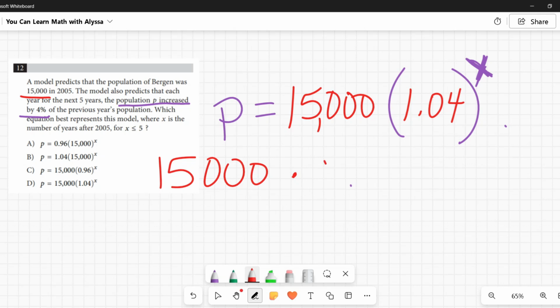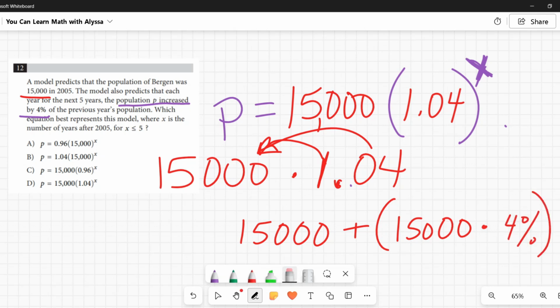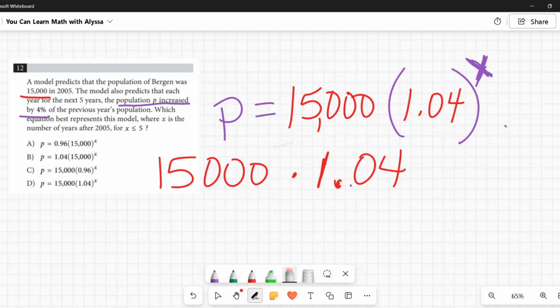But the simpler way is just to multiply it by 1 plus 4% because the 1 is getting multiplied by 15,000. And then that 0.04 is getting multiplied by 15,000. So it's the same as saying 15,000 plus 15,000 times 4% or times 0.04. So it just takes care of it all in one. So that would be my first year.